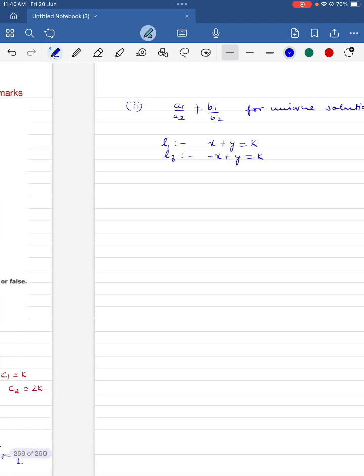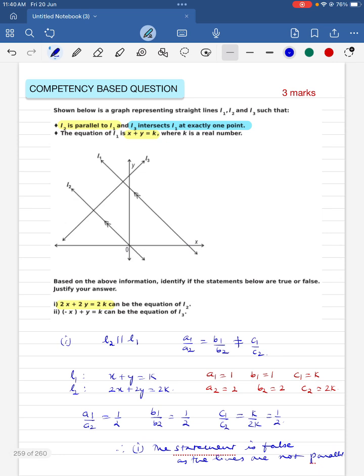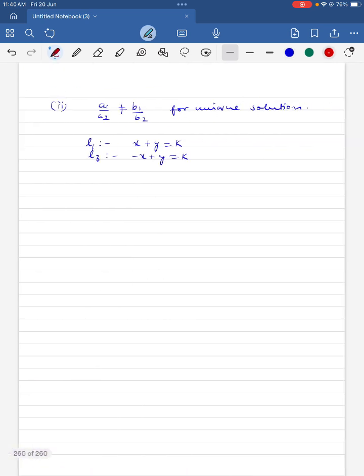Now let's compare the ratios of the two equations. A1 is 1 here, B1 is equal to 1 and C1 is equal to k. Now A2 is minus 1, B2 is equal to 1 and C2 is equal to k. So let's compare the ratios. A1 by A2 will be 1 by minus 1, which is negative 1. And B1 by B2 is equal to 1 by 1, which is equal to 1.